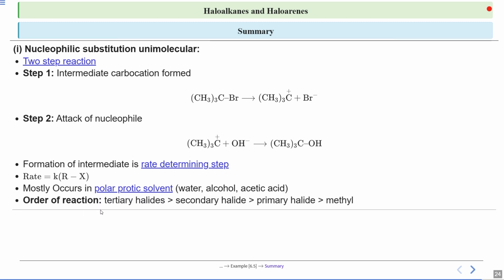Tertiary halides are highly reactive towards SN1, then comes secondary halide, then primary halide, and then methyl. This is because the tertiary carbocation we get in the first step is the most stable, so the tertiary halide shows the highest reactivity.